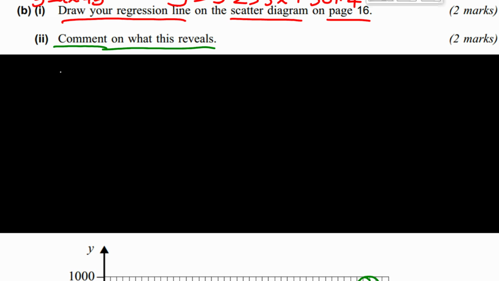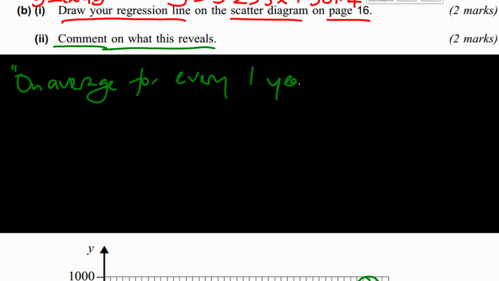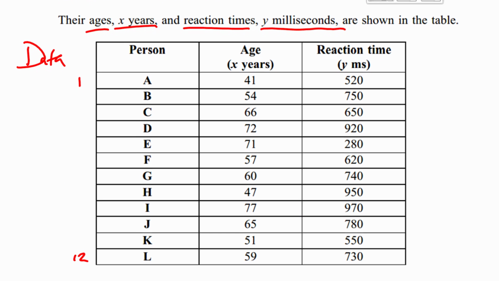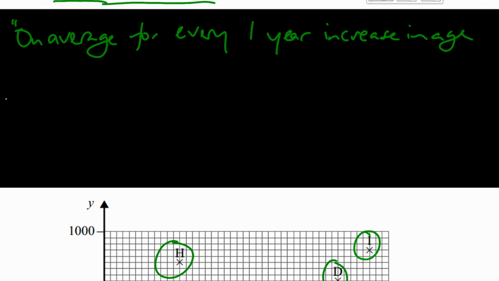So here we would start with, on average, so this is the one that I want you to use, on average for every 1 year increase in age, we're looking at here, it's reaction time, wasn't it? Reaction time.